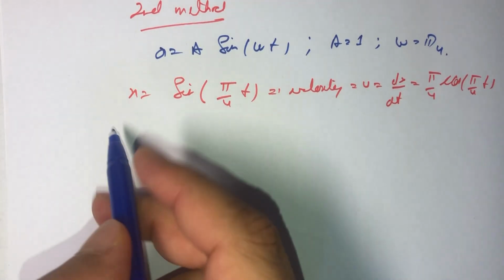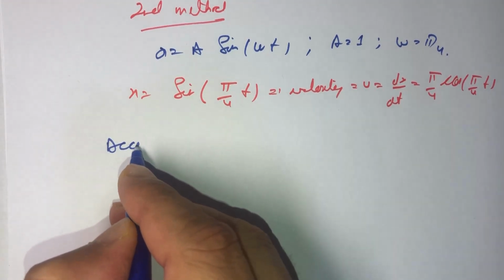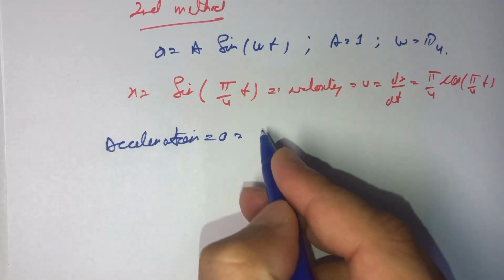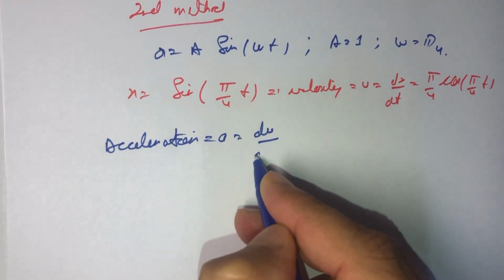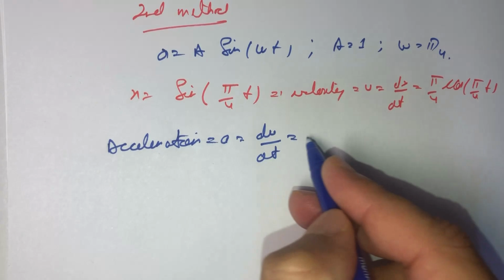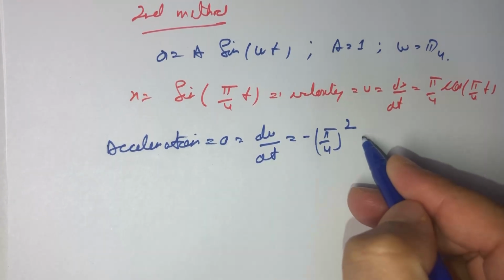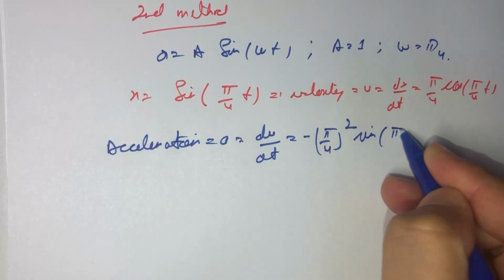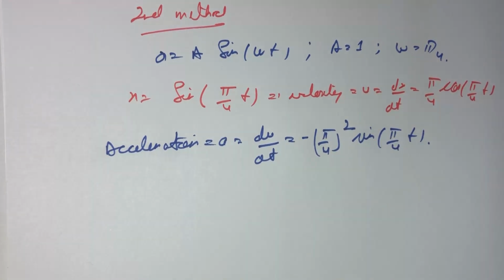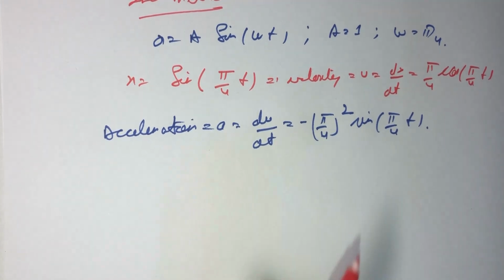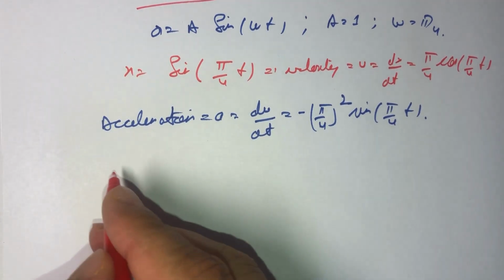and acceleration a will be equal to dv by dt, and this will come as minus pi by 4 whole square sine of pi by 4 t. So we are going to find out acceleration at time t is equal to 4 by 3 seconds.